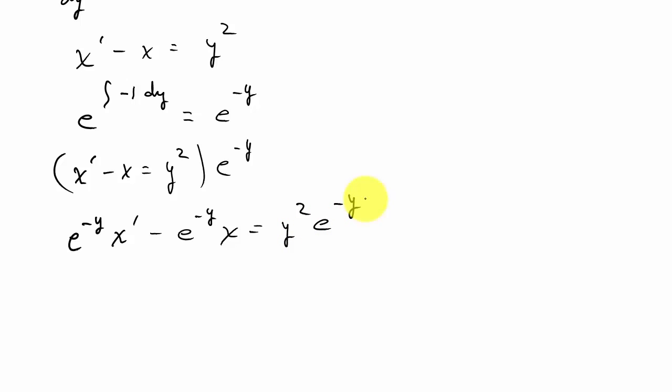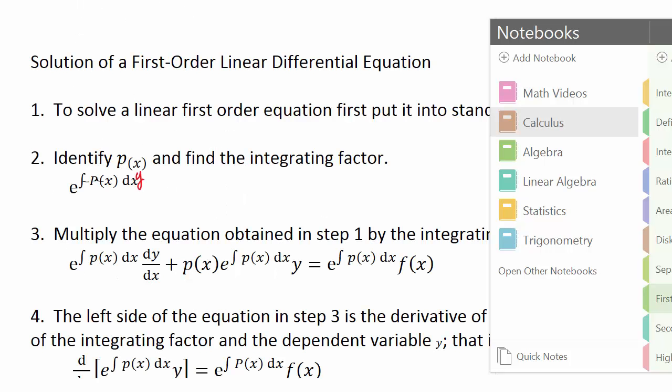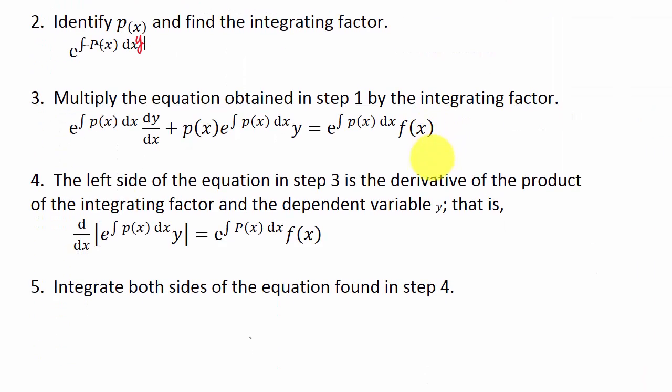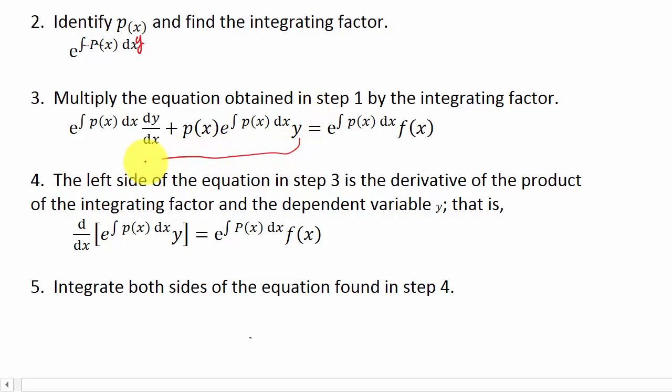Alright. Now, let's go back and look at what we have here. So, we've done this step. Okay. So, it says the left side of the equation, which is this left side here, is the derivative of the product of the integrating factor and the dependent variable y. Well, in our problem, it's going to be the derivative of the product of the integrating factor and the variable x.